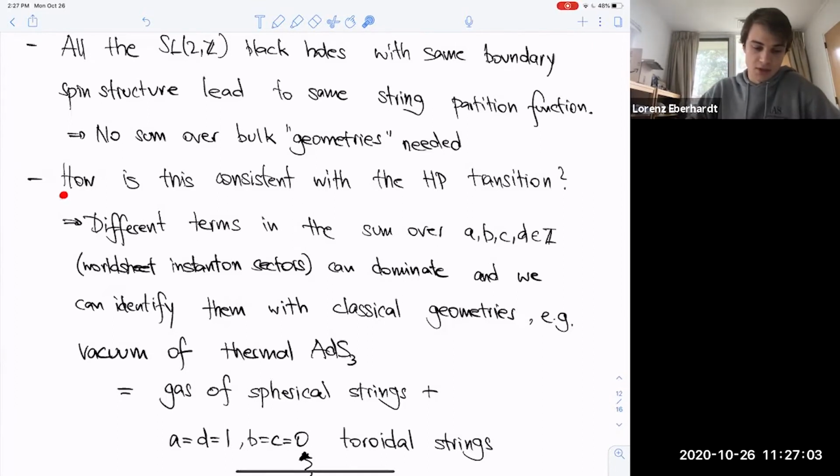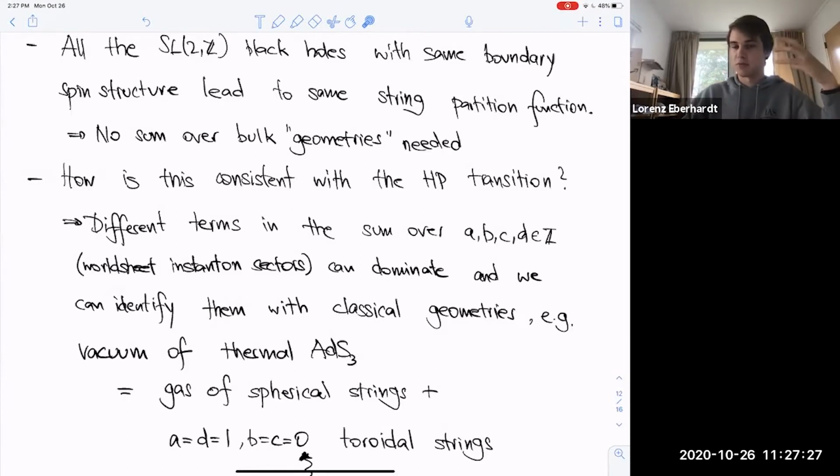Another way to phrase this question is to ask how this is consistent with the existence of the Hawking-Page transition. Usually we say that in the boundary we have the sphere partition function, and if you're computing the boundary torus partition function, at low temperatures it is dominated by thermal AdS3.